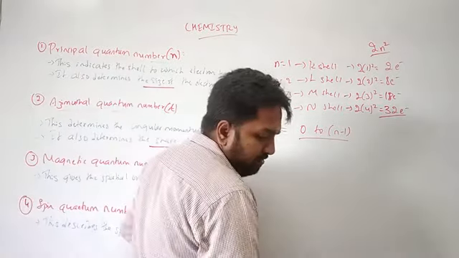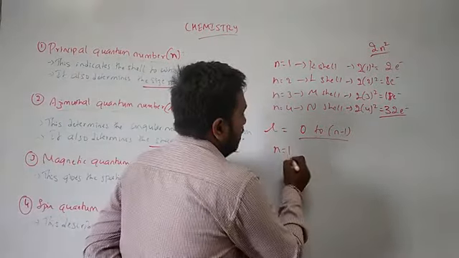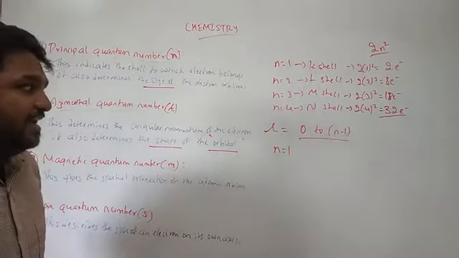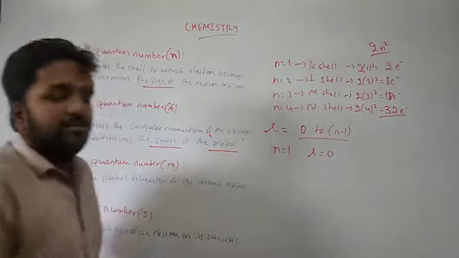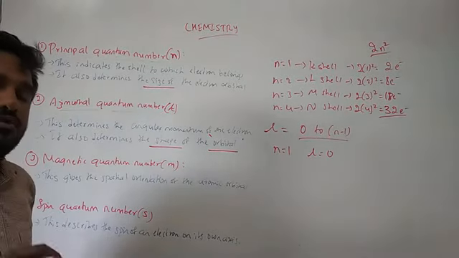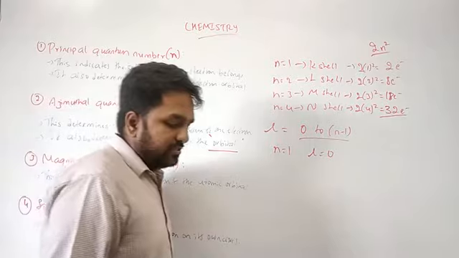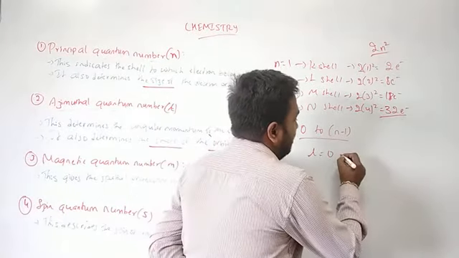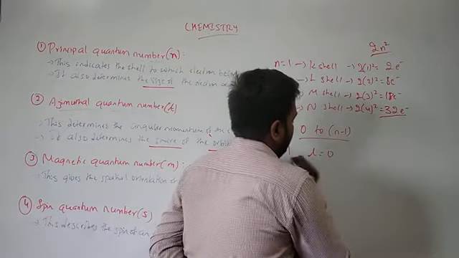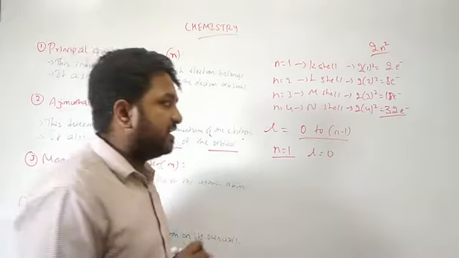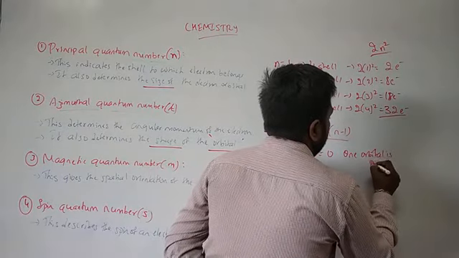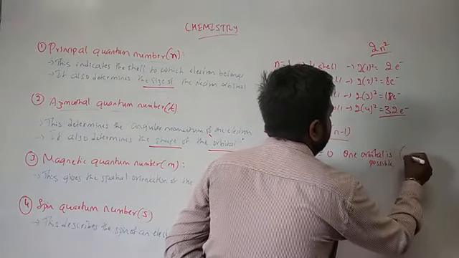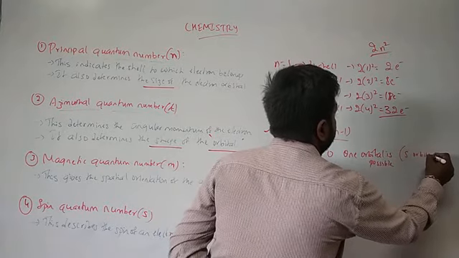If the value of n is 1, L is 0 itself, because 1 minus 1 is 0. That means in case of the first shell, that is the K shell, only one orbital is possible, that is the S orbital.